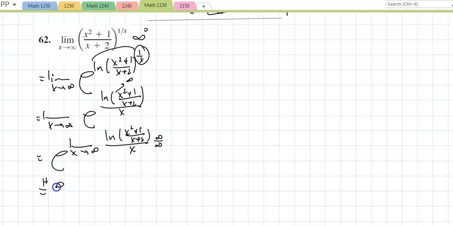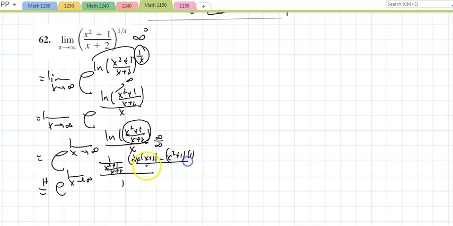By L'Hopital, that's e to the limit as x approaches infinity. The denominator is 1. Derivative of a log is 1 over the argument, times the derivative of the top, all over the bottom squared.